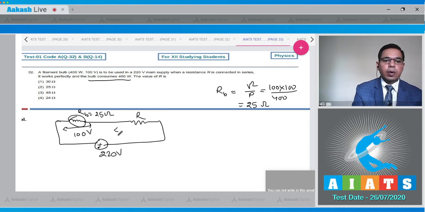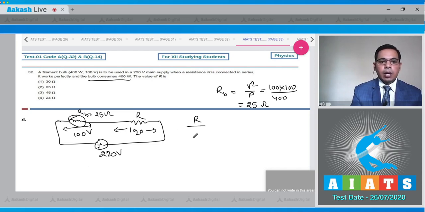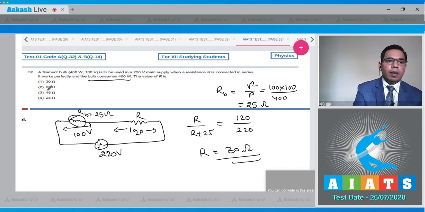Now the rest of the potential difference, that means 220 minus 100, will be across the resistance R. Now from the voltage divider rule, we can calculate that R upon R plus 25 will be equal to 120 upon 220. Now calculating this, we get R equal to 30 ohm. Now which option will be correct? Option number 1 will be the correct answer.